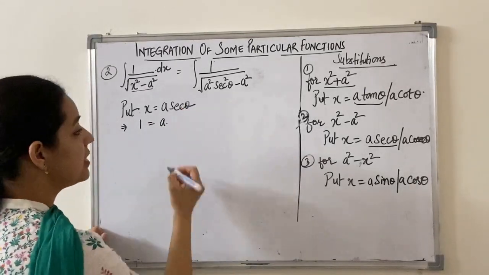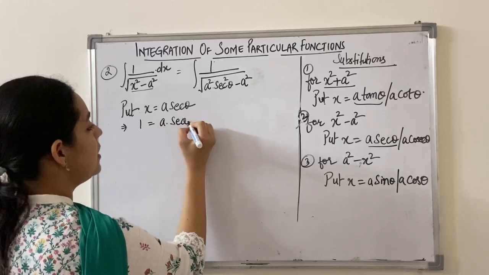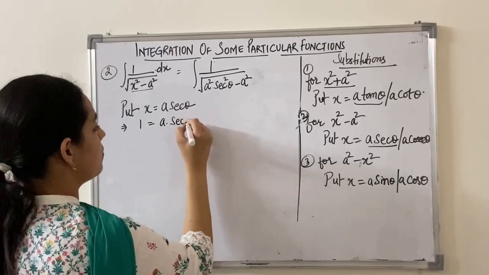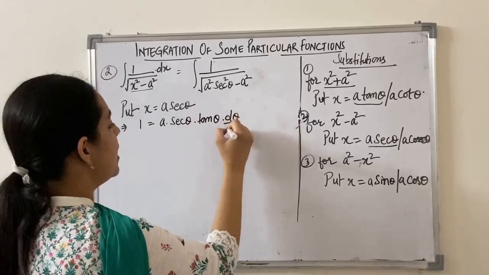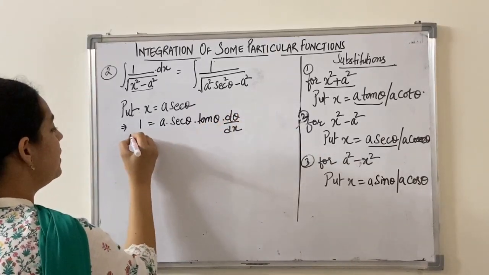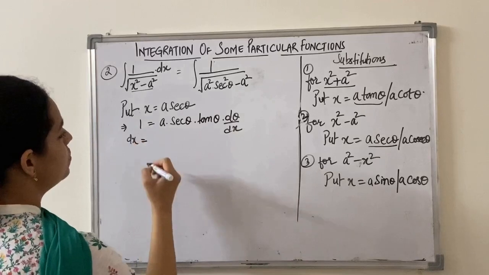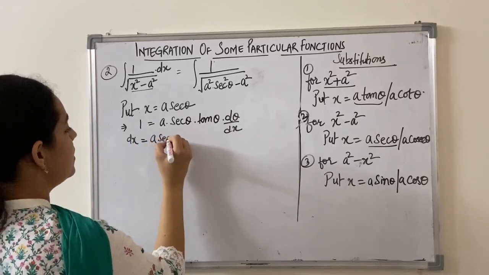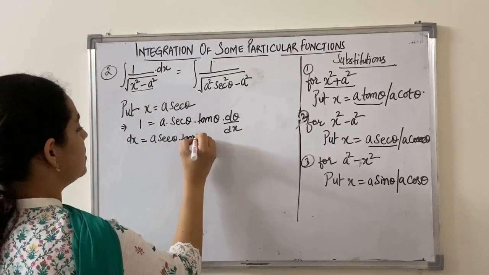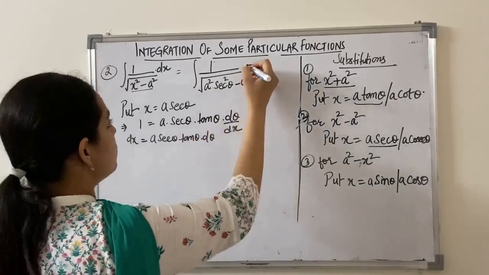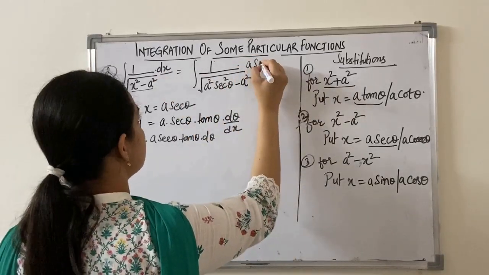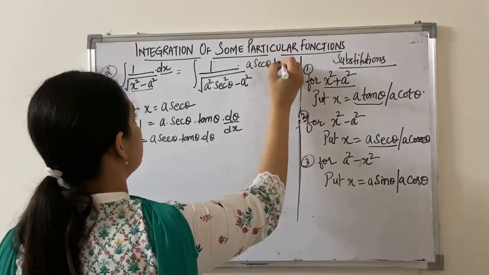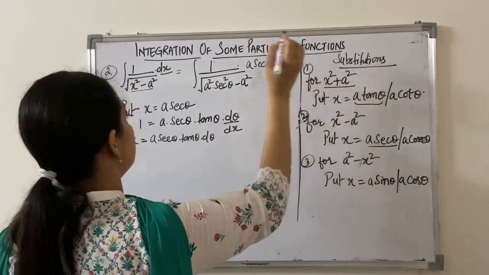The derivative of secant theta is secant theta into tan theta into d theta by dx, that is going to give me dx is equal to a secant theta into tan theta d theta, which I can put here. In place of dx, I can write a secant theta into tan theta into d theta.